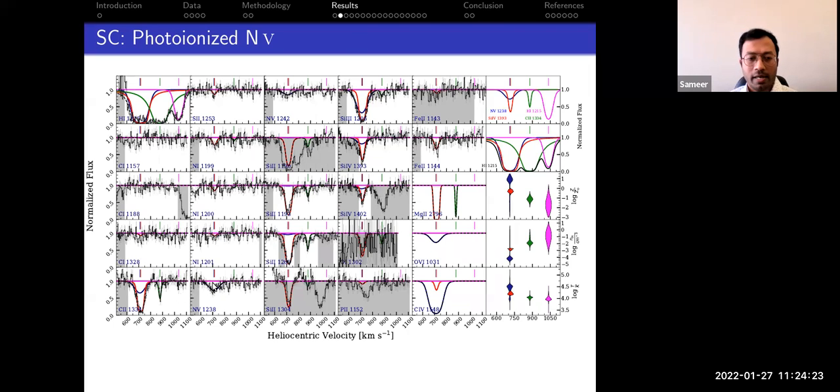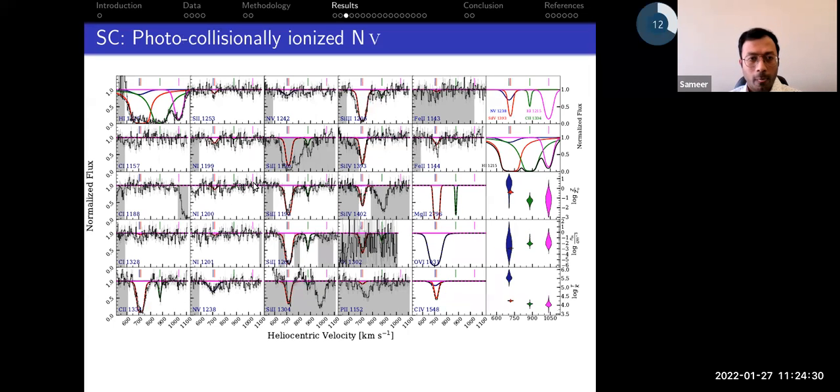Now, in this case, we have modeled nitrogen 5 as a photoionized phase, but given the high ionization potential of nitrogen 5, 77 eV, it could well arise from a collisionally ionized phase. So we also explore models in which nitrogen 5 arises in a collisionally ionized phase.